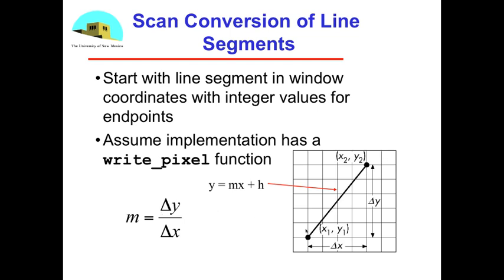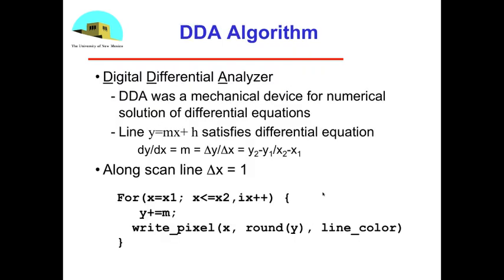Now, the original algorithm, and the one on which pretty much everything is based, is called the digital differential analyzer algorithm. The DDA was an old mechanical device that goes back to World War II, which they used to get numerical solutions to differential equations, generally for solving for things like bomb trajectories. It was a mechanical computer because it predated the age of real digital computers, and it was constructed with gears and shafts.